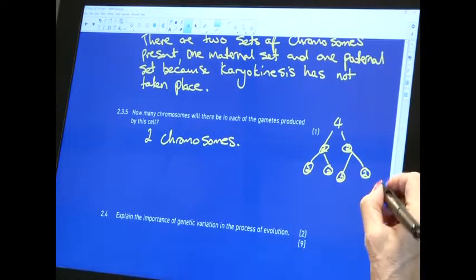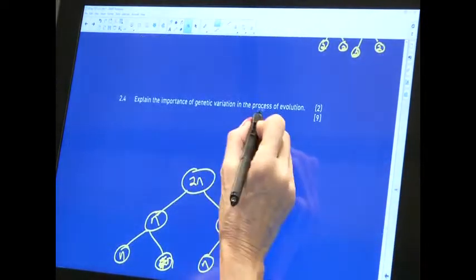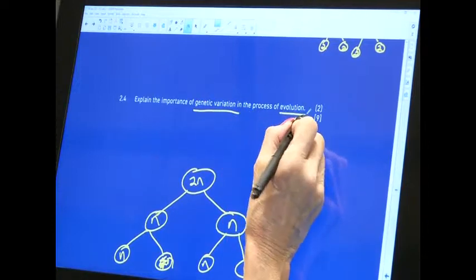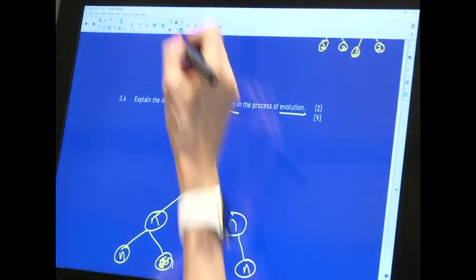Explain the importance of genetic variation in the process of evolution. Okay, let's just quickly remove this.